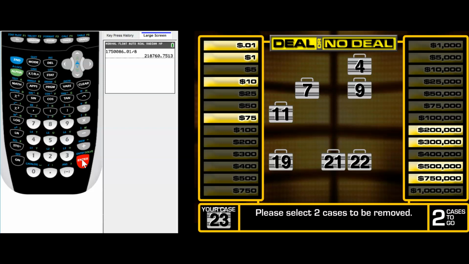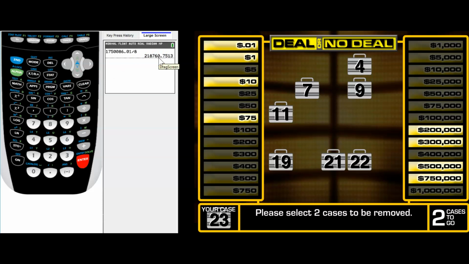So this is saying that if we could play this game from this point on with these dollar amounts, and we play it all the way to the end where we just eventually see what's in our case, if we did that a very large number of times, we can expect on average to win $218,760.